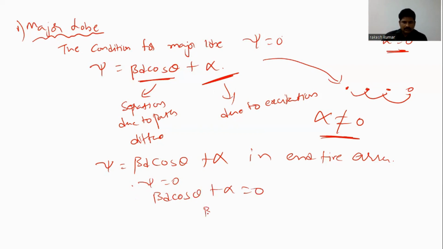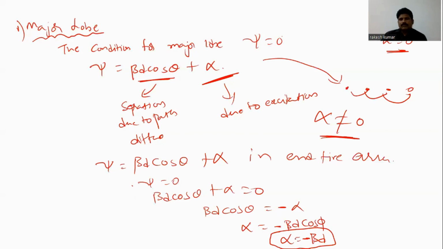For example, if psi is equal to 0, then beta d cos theta plus alpha is equal to 0. From this, beta d cos theta is equal to minus alpha, or alpha is equal to minus beta d cos phi. So for phi equal to 0, for maximum value, alpha is equal to minus beta d.